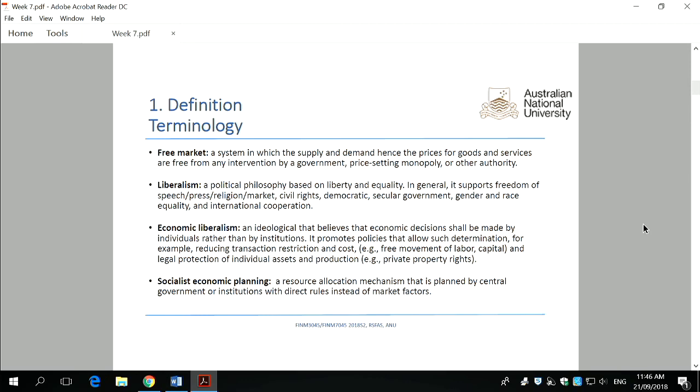So the demand and the supply only depends on the utility satisfaction of the consumers and the production determined by this technology and how many producers there are, and determines the price and the quantity in the equilibrium. No government policy influence, no monopoly power influence. Okay, that's called free markets.